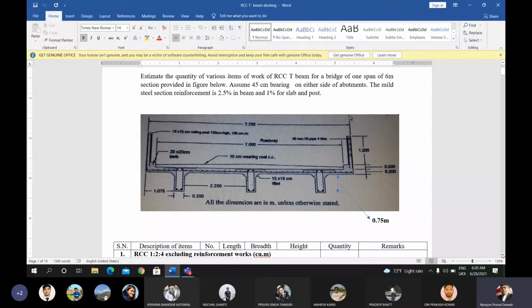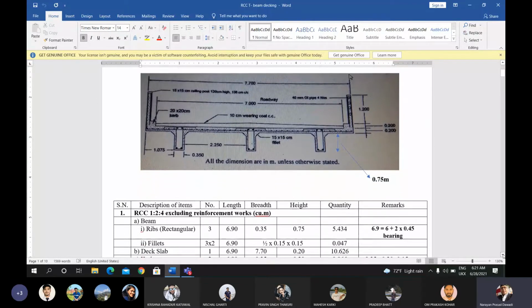This wearing course is the layer from where the vehicle will travel. The vehicle will travel over the top of the wearing course, and this is the T-beam decking. This is the cross section of the T-beam decking above the bridge girder or pier. This is the topmost portion of the bridge only.